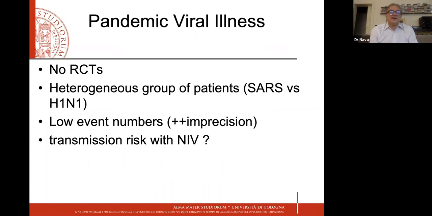But we didn't want to make, obviously, any recommendation about this, because there were no randomized controlled trials, heterogeneous groups of patients, low event numbers with a lot of imprecision, and then there was at that time the big question mark. Is the use of NIV during pandemics dangerous?